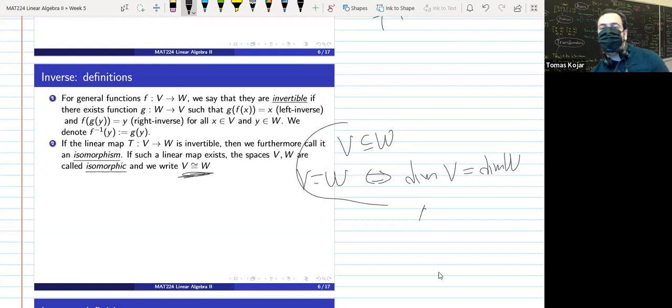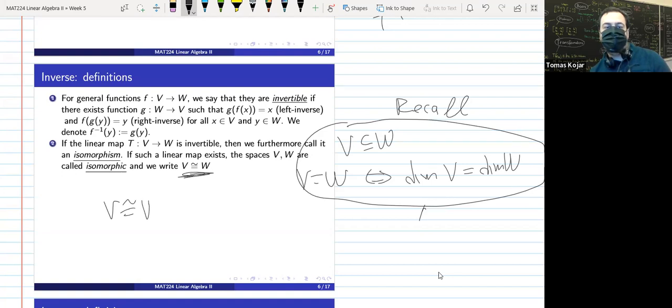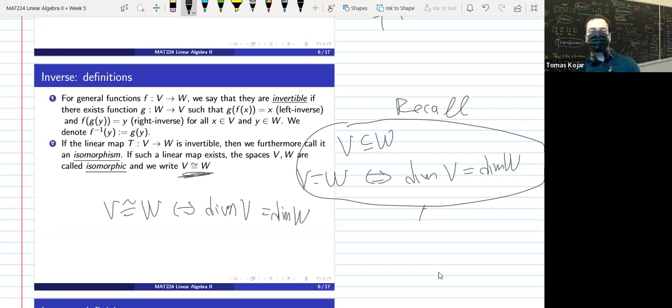So we proved this before, recall. We can extend the same result here, which is kind of crazy because they don't even have to be the same things, as you will see.